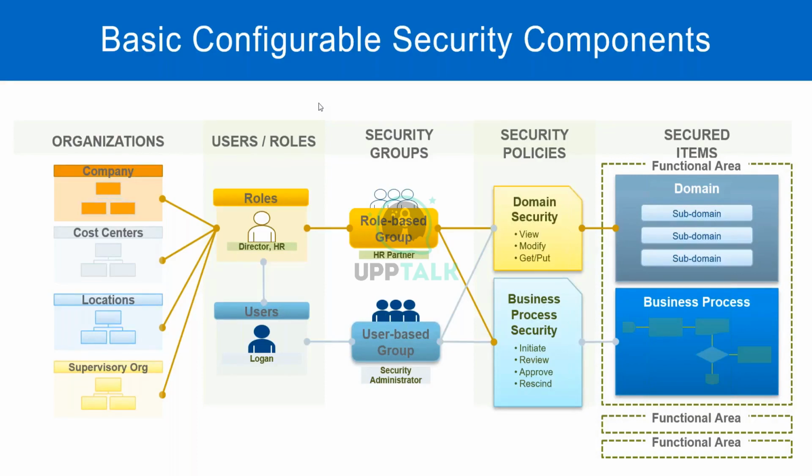We should try to keep the same name for both the role and the security group. That reduces a lot of confusion. You don't have to give the same name, you may choose other names as well, but if you give the same name, it helps us correlate the two things in a better manner.